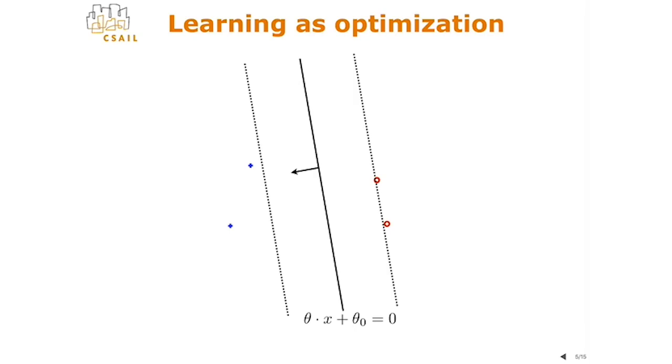Remember that they are equidistant from the decision boundary. So let's look at now the decision boundary, the equation, and the linear function that is defined on the basis of it. That linear function takes the value 0 exactly on the decision boundary. And if we move in the direction of theta, that linear function, that is theta dot x plus theta naught, will start having more positive values.